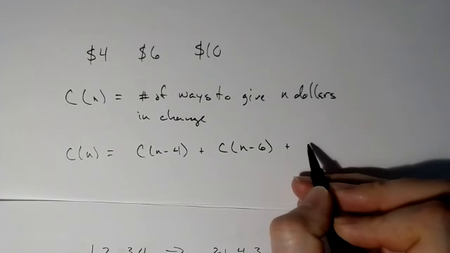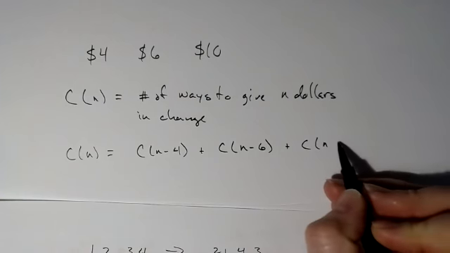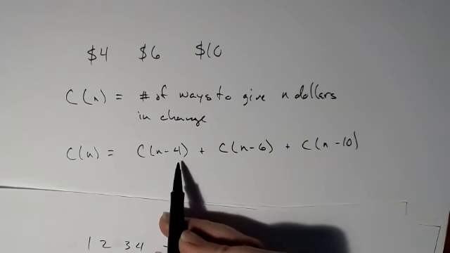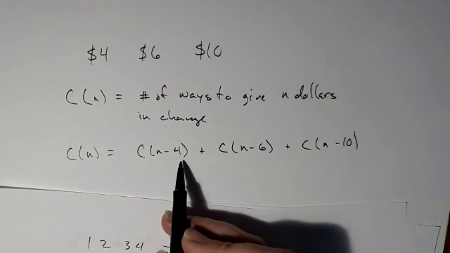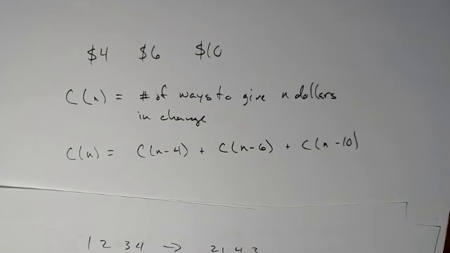Or if it's exactly $10 more, I can add on a $10 bill. So if I could give change 8 ways for a previous amount, for C of n minus 4, then I can give change that many ways just by tacking on a $4 bill and so on.